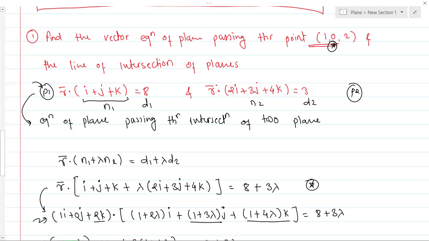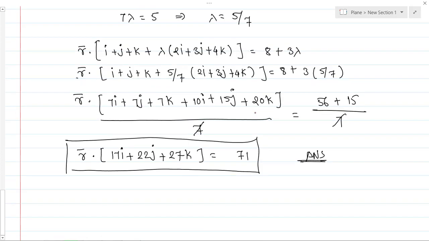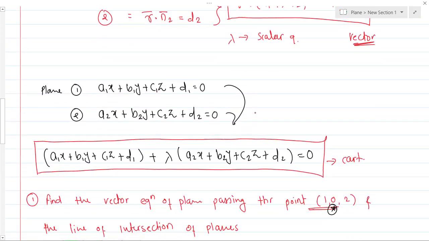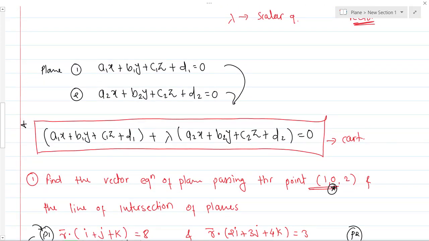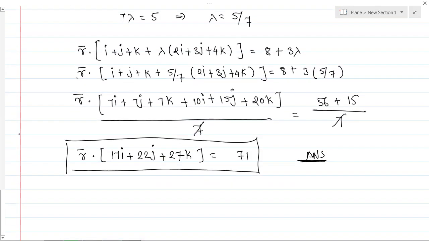How to convert the given vector equation into Cartesian: you just have to replace this r bar by xi plus yj plus zk, and you will get the Cartesian equation. If you solve with the help of this equation, you will get the same answer. So you can take this as homework, and of course in the coming videos we'll be solving these types of questions in detail.